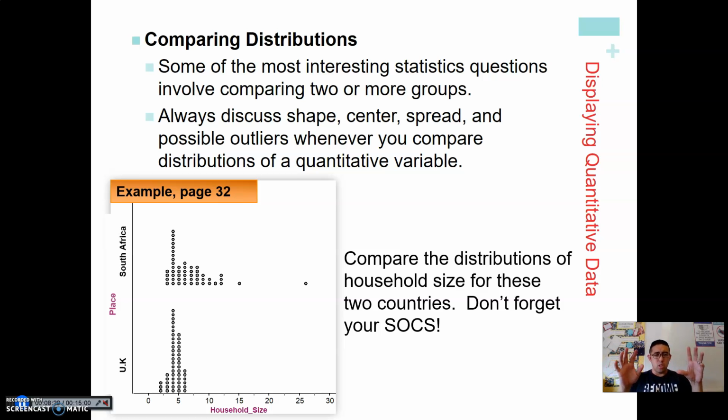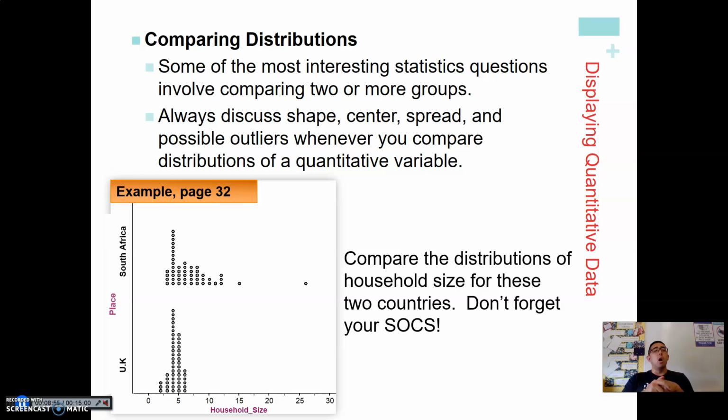The center for South Africa is probably around 6 per household, whereas with the UK, it's probably around 4, using the median of the data.